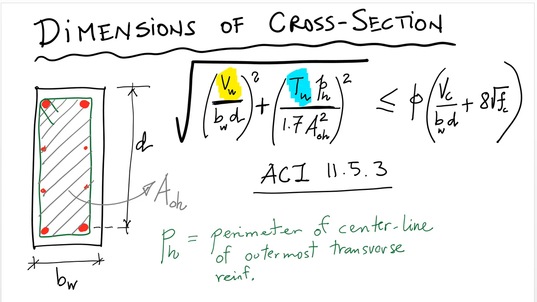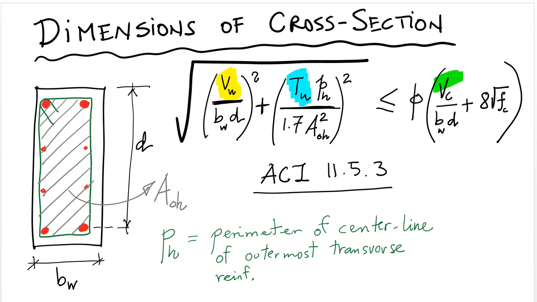You have some properties of the cross section, and on the other side you have phi, which is the same for both, 0.75, and then Vc divided by bd and 8 square root of f prime c.